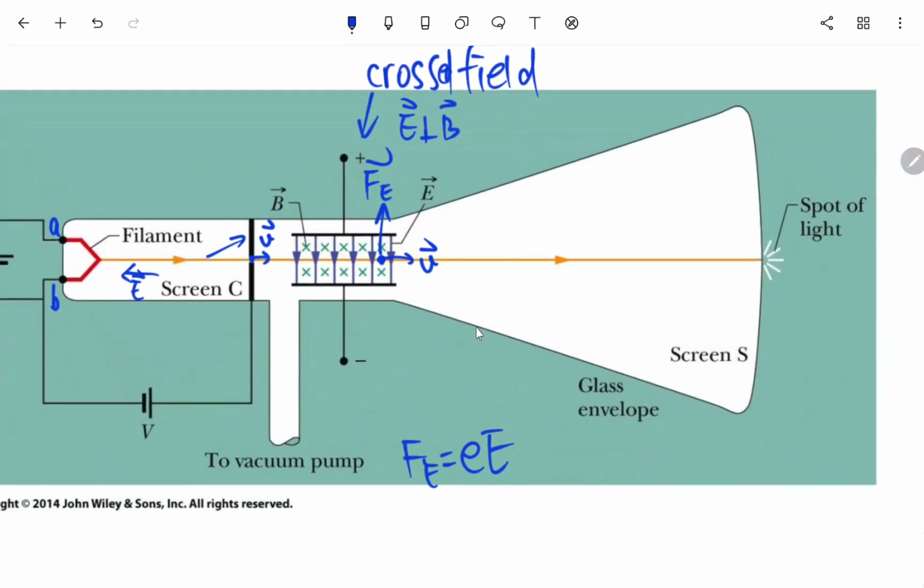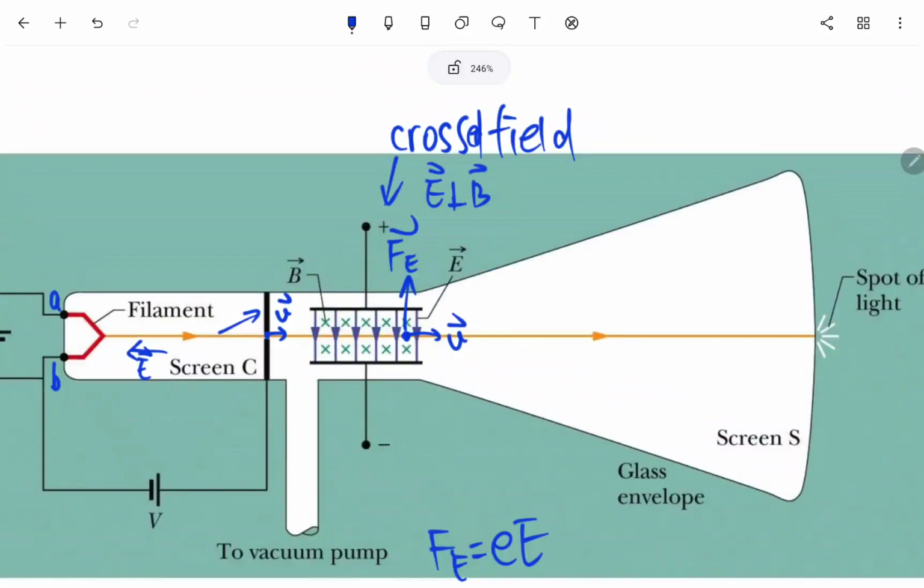And then for the B field, let's consider the direction. V is pointing to the right side. So we use our hand pointing to the right side, and then the B field pointing into the page. So we cross into the page. Our thumb is pointing upward. So this is the direction of V cross B, and this is a negative charge. So FB should be pointing downward.